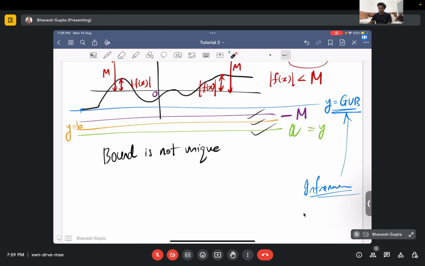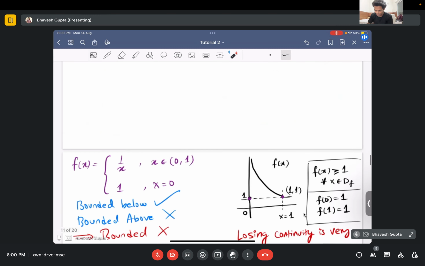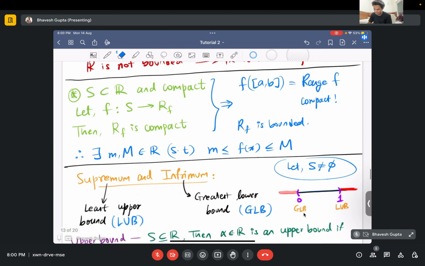Just having this situation is less expensive compared to this situation. I want to make my function go as negative as possible. I don't want that to happen because I have a machinery problem. So I will always want to calculate my infimum, the greatest lower bound. Okay, so this is the idea and the philosophy behind this.